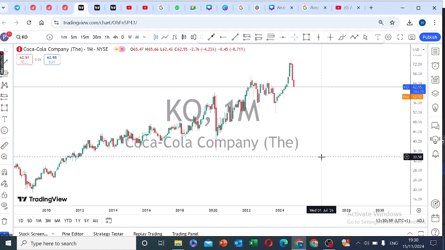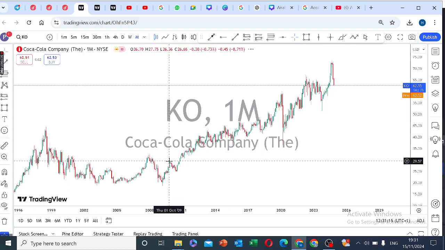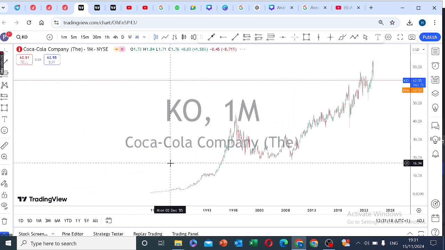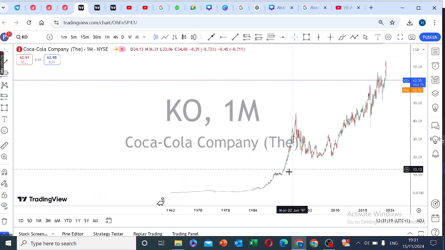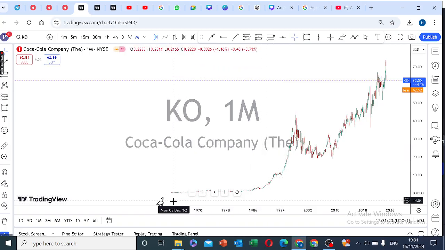Actually, we are going to be discussing this Coca-Cola stock. Now, the Coca-Cola stock is generally known by a lot of people in the world, and yes, they do have a stock, and people are actually highly invested in this particular Coca-Cola stock. If you look at when they actually got started, I think that was in 1962 thereabouts.